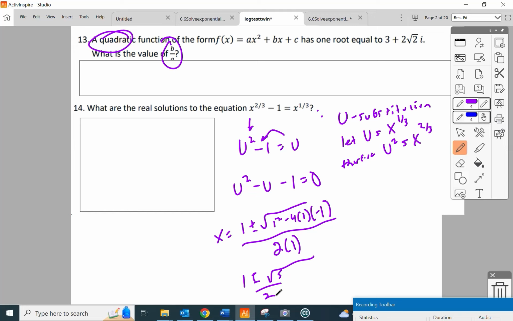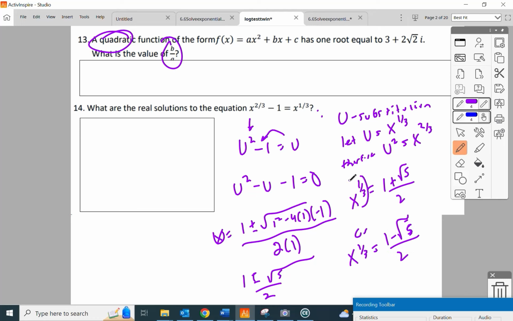Now do remember, x to the 1/3 was u. This is actually u equals, because it was u, not x. So x to the 1/3 is 1 plus root 5 over 2, or 1 minus root 5 over 2.